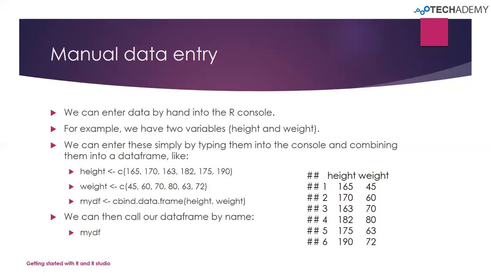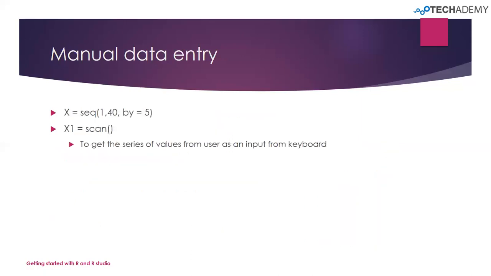Whether it is manual data entry or using existing datasets, there is another function called seq. If you want to create some values in sequence, like starting from 1 to 40, it will create values like 1, 5, 10, because I am specifying by equal to 5, so it will skip by 5.